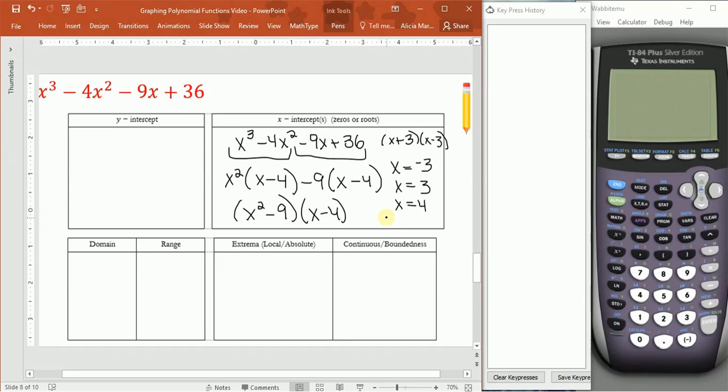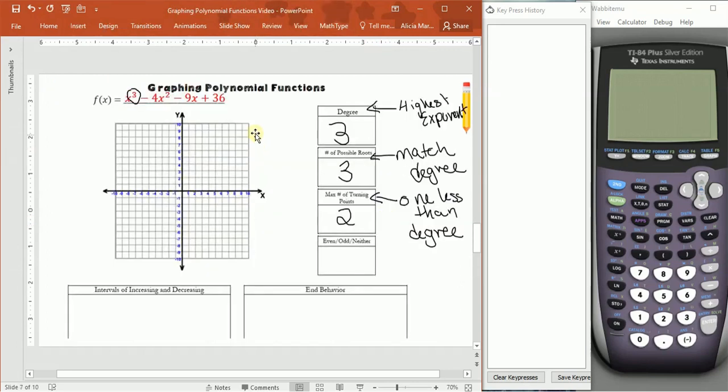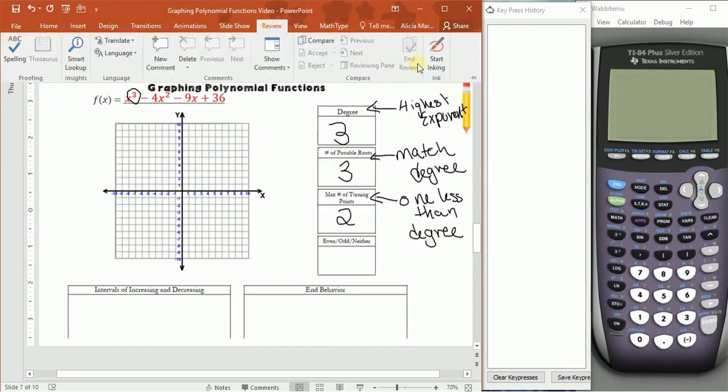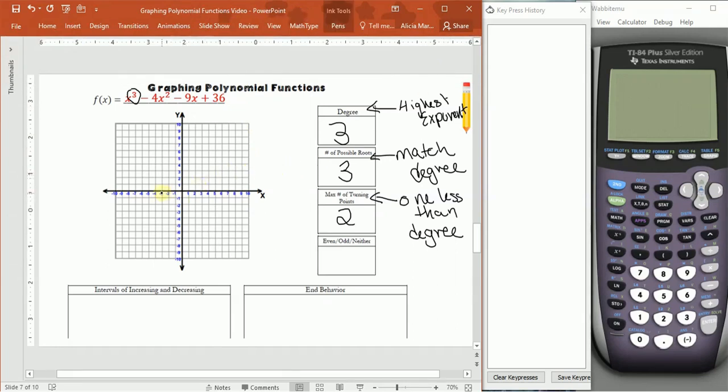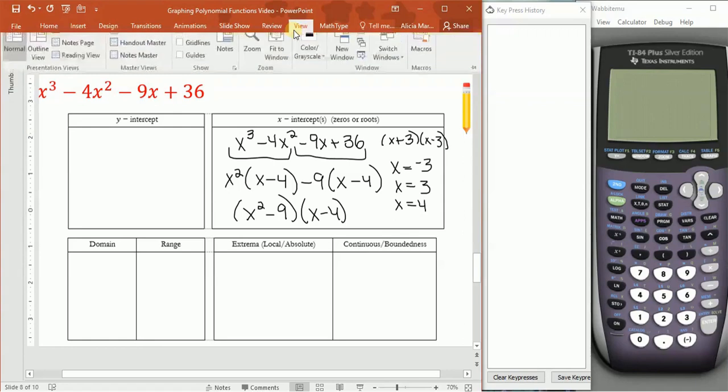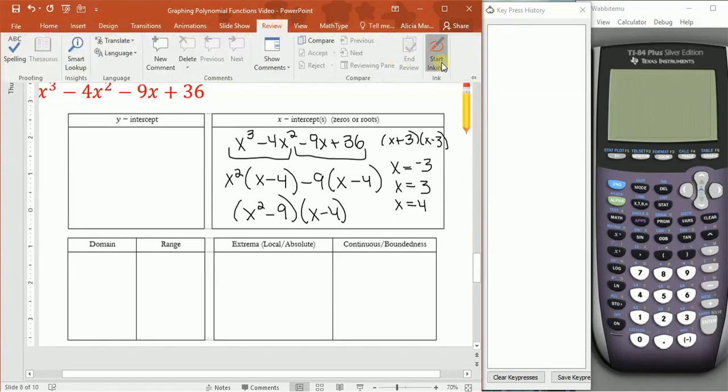So ultimately, if I go to my back page here, we said negative 3, 3, and 4, right? Yeah, those are the ones we said. So I have those for my dots. Let's also find a y-intercept.